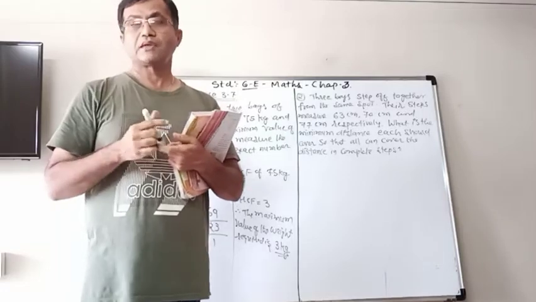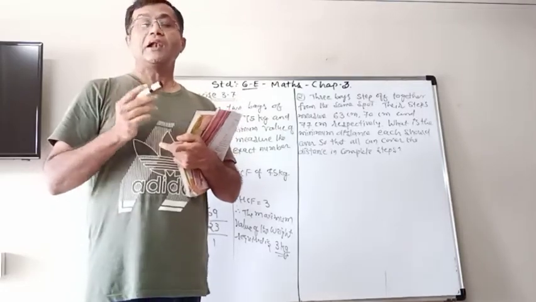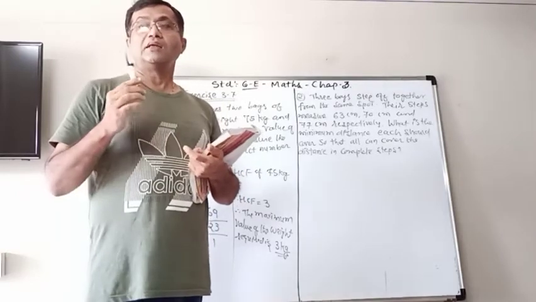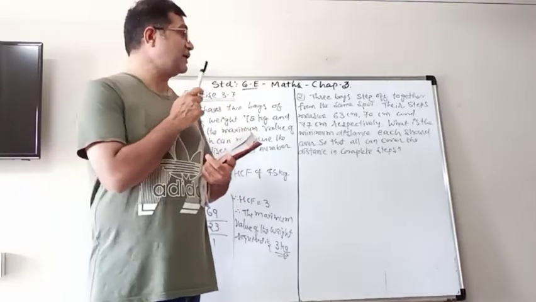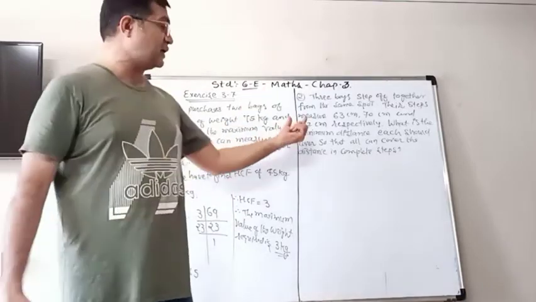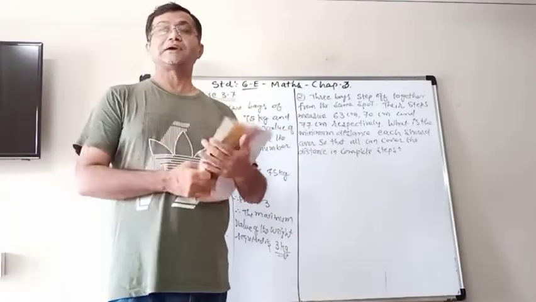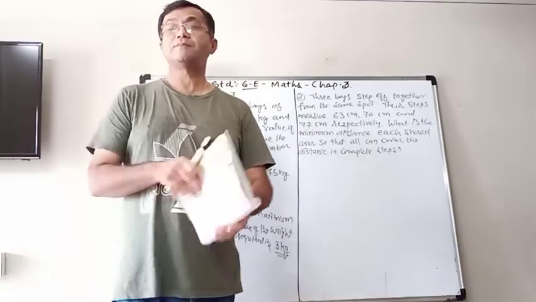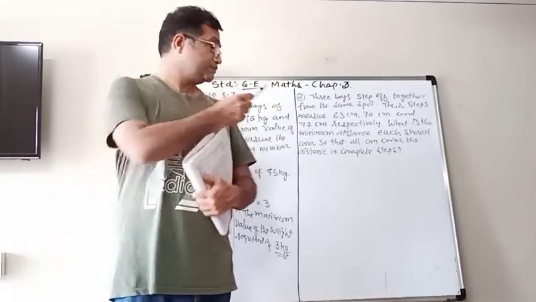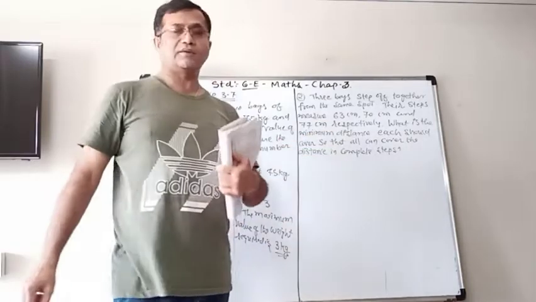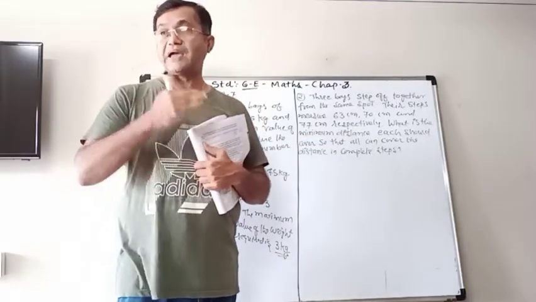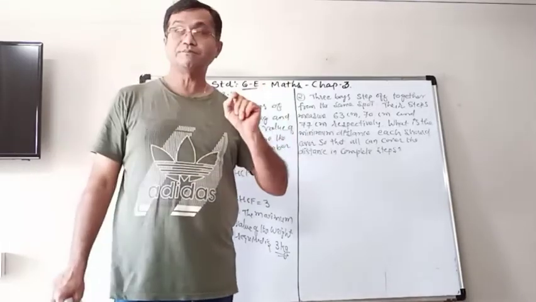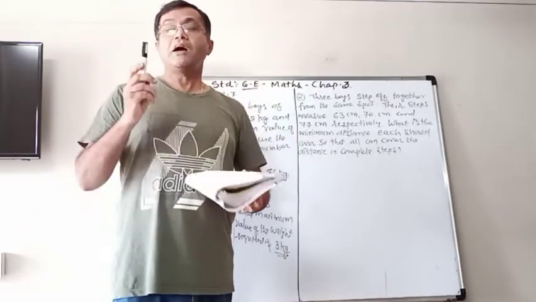So here, if you read properly, you will find a word which can tell you what we have to do, like HCF or LCM. Here you can see the minimum distance.